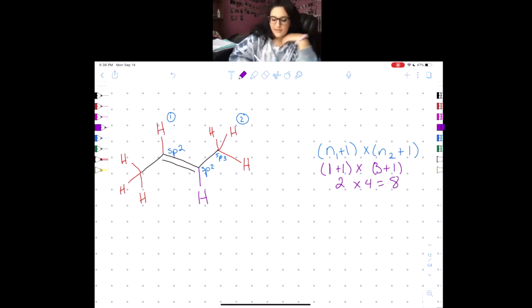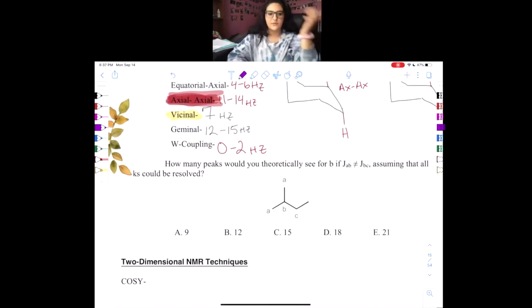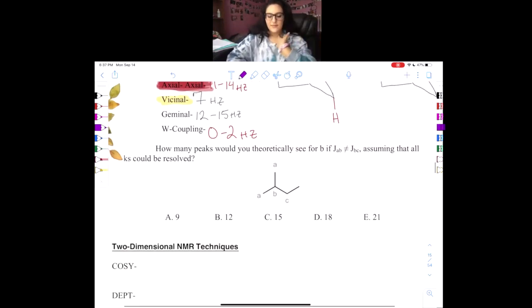That's 8. And just for the sake of practice, that would be a doublet of quartets. And that's pretty much it. The only other example that we're going to do for complex splitting is one that is like this, because most of the ones on your exam will either look like this or the one we just did.